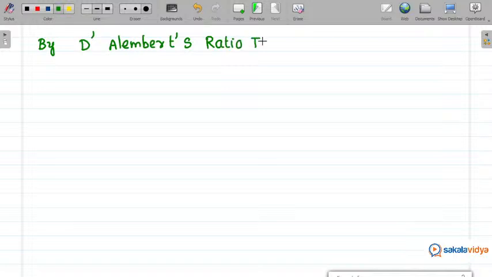By D'Alembert ratio test, limit n tends to infinity un by un plus 1.